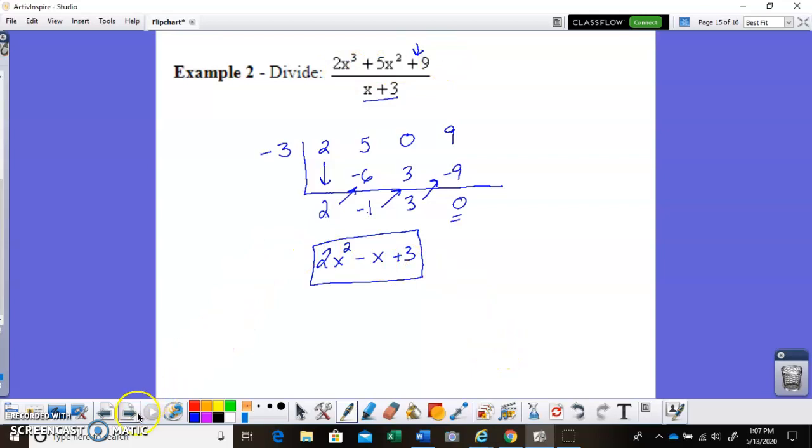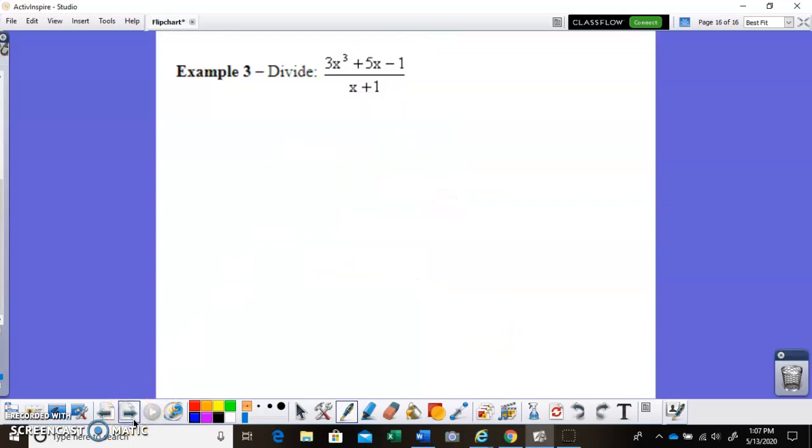Okay, one more example, just to make sure we've got this process. Okay, x plus 1, what would make that equal 0? Well, if I put in a negative 1. Okay, to the 3rd power, I have a 3. To the 2nd power, I don't have a term, so I'm putting a 0. To the 1st power, I have a 5, and to the 0 power, I have a negative 1.